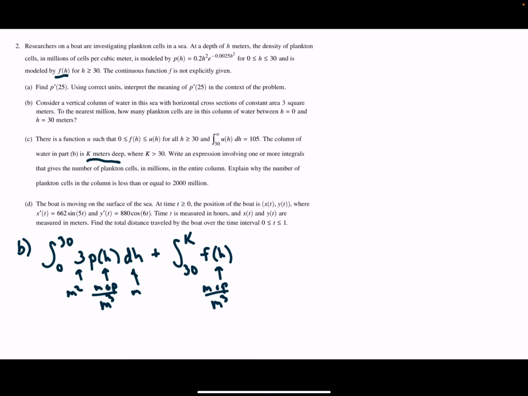Then we multiply by the 3, which is the cross section in square meters, and then by D of H, which is in meters, and that's how I get millions of plankton. These two integrals combined are going to give me all of the plankton cells in millions in the entire column.